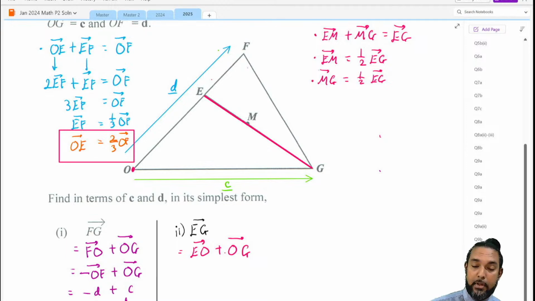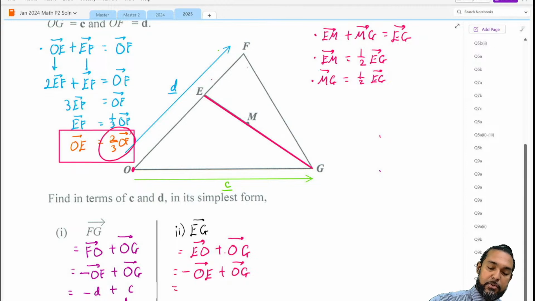2/3, right? Now, on top of that, we're not going in this direction. In which direction are we going? The opposite. So we'd have to invert the vector, right? So that's equal to minus OE plus OG.